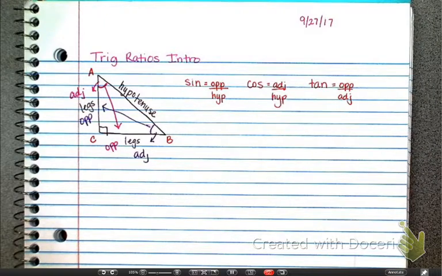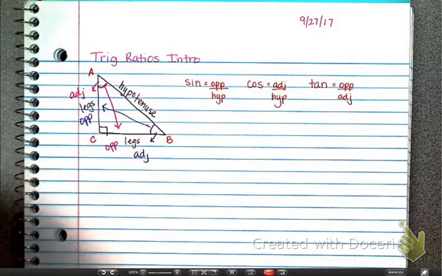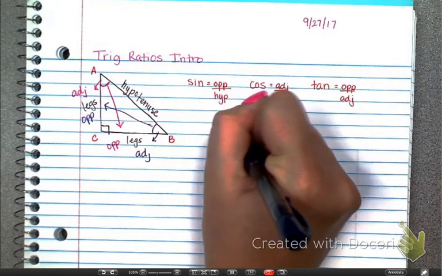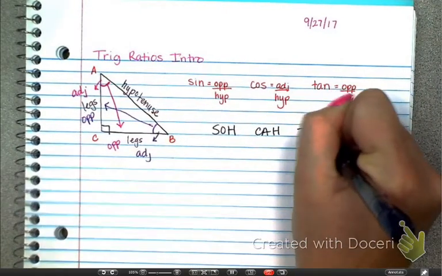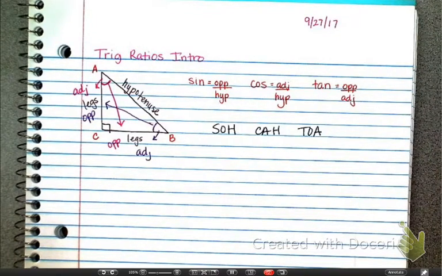There was an acronym they gave you in that video. Do you remember what that acronym was? SOHCAHTOA. This is the easiest way to remember how to set up your ratios.